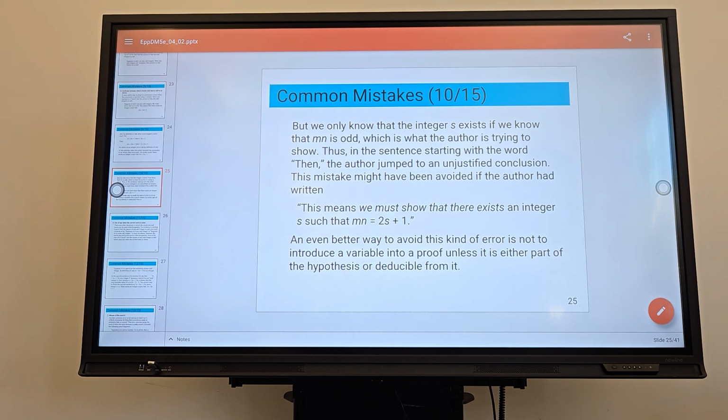This could have been avoided if the author had written, "This means we must show that there exists an integer s such that m times n equals 2s plus 1." An even better way to avoid this kind of error is to not introduce a variable into a proof unless it is either part of the hypothesis or deducible from it.